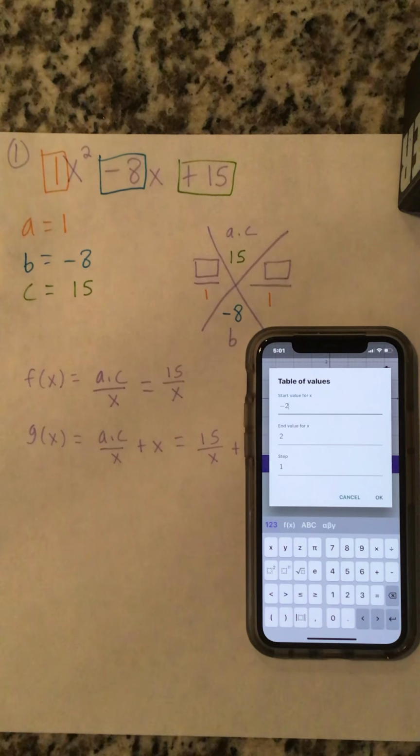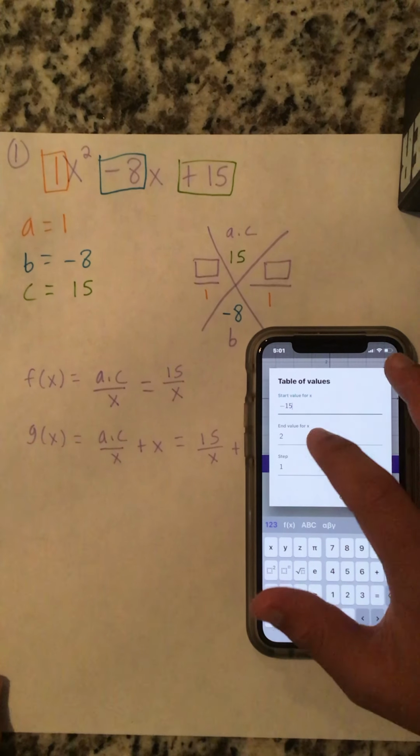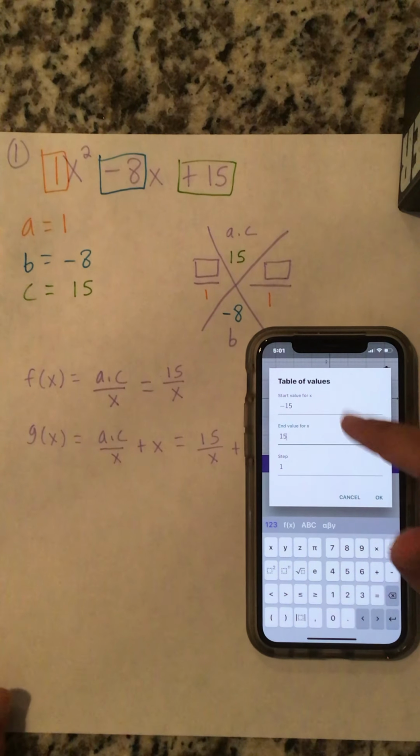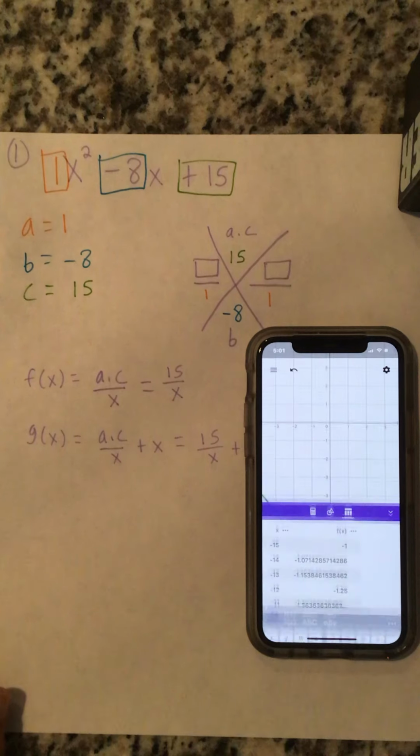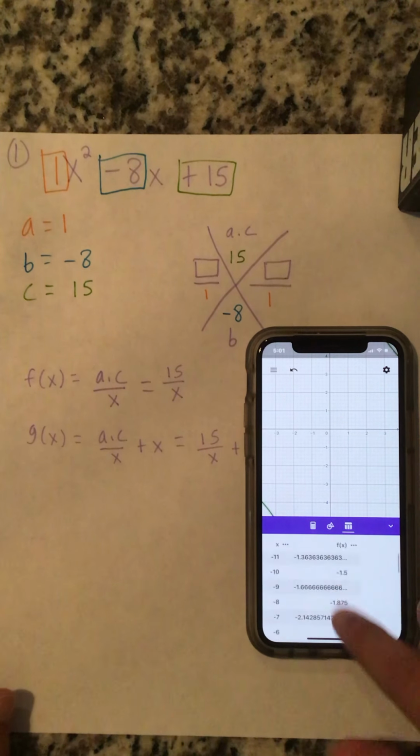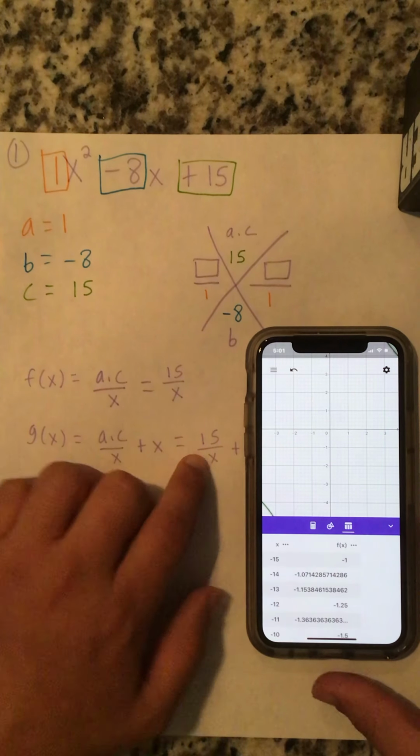I would suggest negative 15 to positive 15, and leave the step as 1. Change those values and then click OK. Now it gives me a table of values. That's what I want.